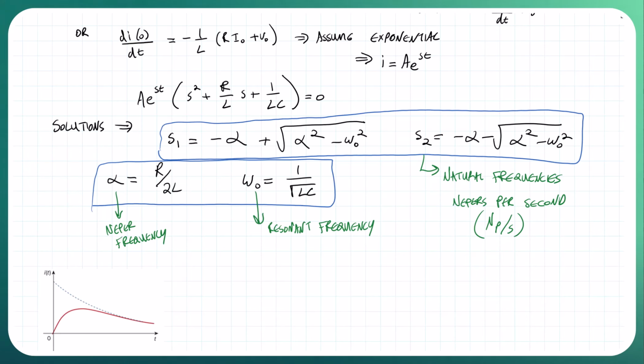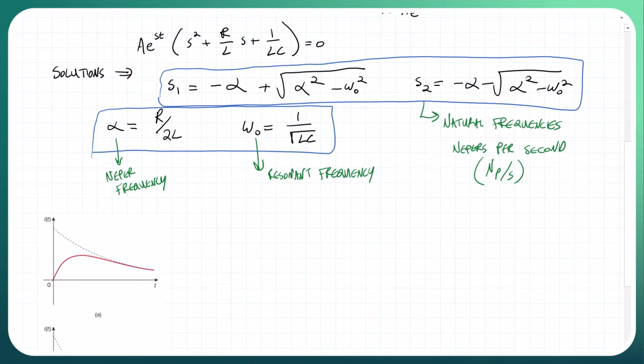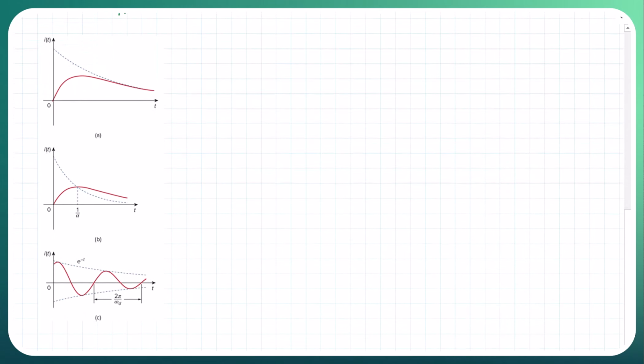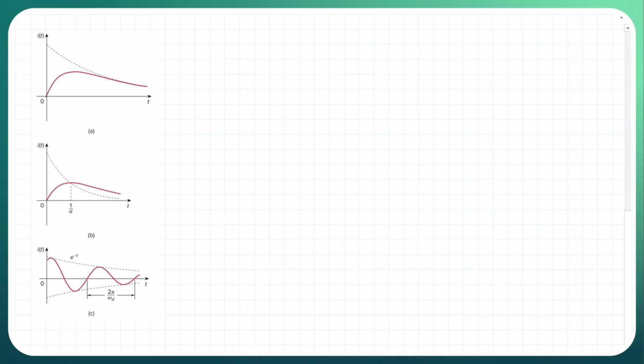All right, and let's look at a couple cases for these values. Okay, so let's scroll up here a little bit and look at these figures here. So a couple cases when alpha is greater than omega naught, we have an overdamped system.